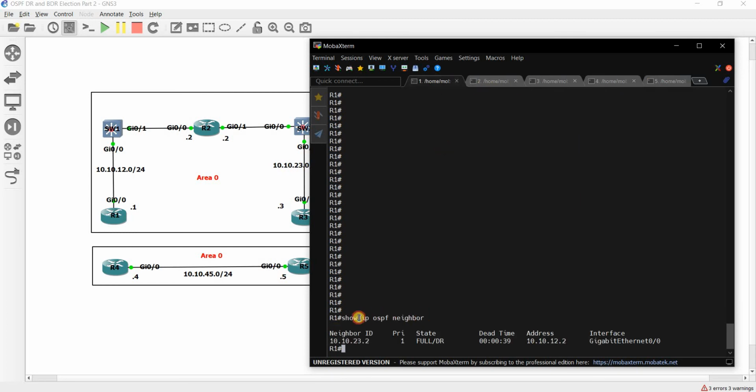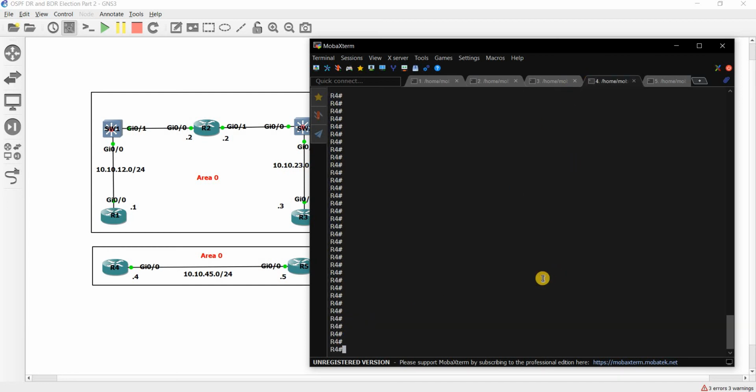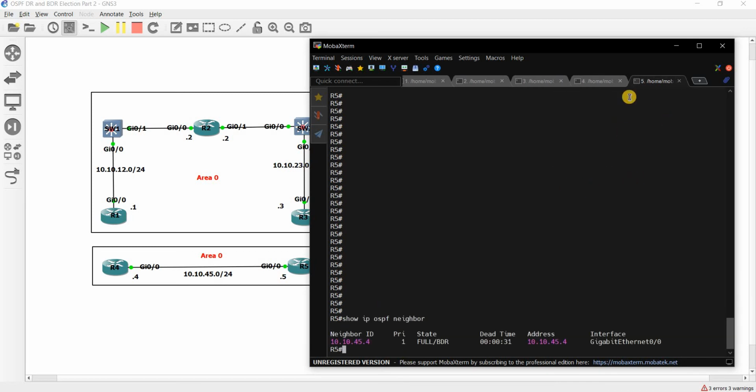So we can verify that by doing this command. We see that R5 is the DR, which makes sense because R5 has the higher router ID, and R4 is the BDR.